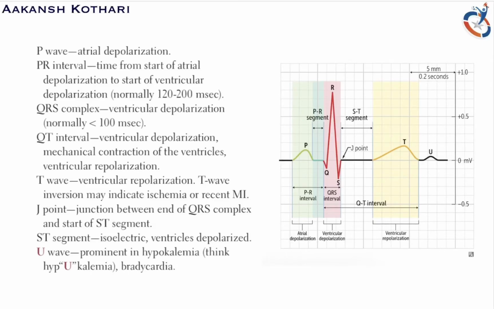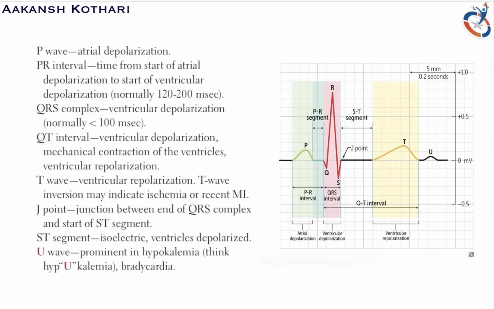Is this clear? Now talking about after the P wave and before the R wave, that is the PR interval or the PR segment. The PR segment is the smaller segment. It is from the end of the P wave to the start of the Q wave, whereas the PR interval is from the start of the P wave to the start of the R wave.